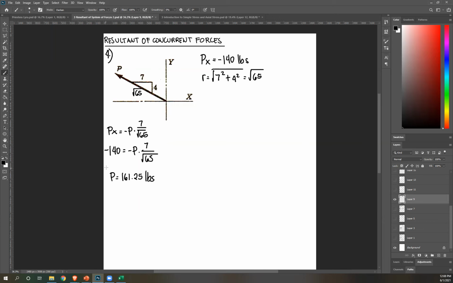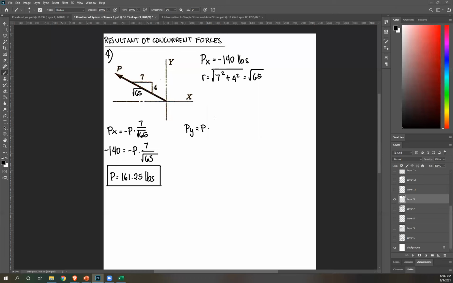So this is pounds. Now that we have P, next thing to solve for is Py. So create an equation for Py. Py equals, look at the drawing, it's upward, therefore positive. Then your force P times, we're looking for Py, so we need the side that is parallel to y, or the side that is vertical, and that's 4.